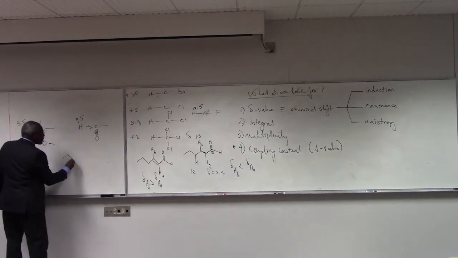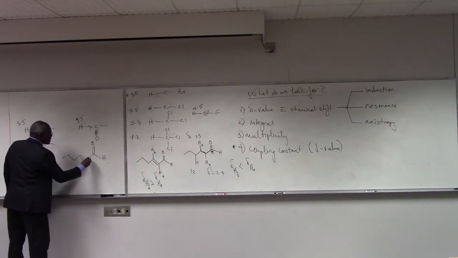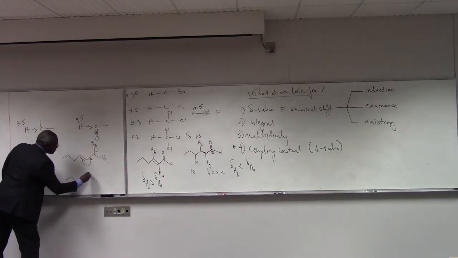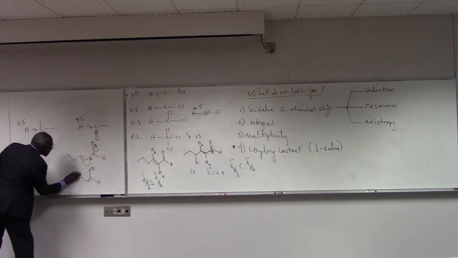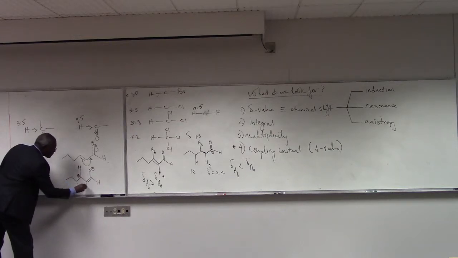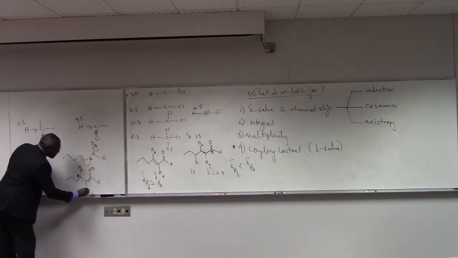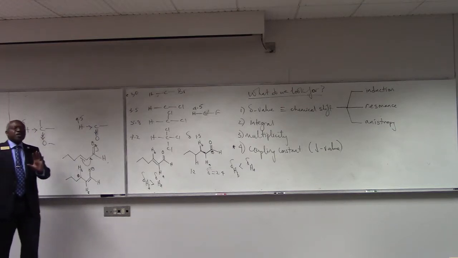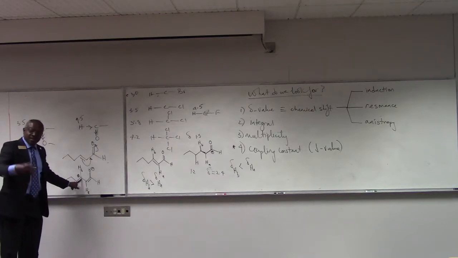So I can take that compound and I can draw resonance forms for it that look like this. And in that resonance form, I have my single bond O, and I've got a positive charge on this carbon. So now HB is attached to a carbon for which I can draw a resonance form that has a positive charge on it.